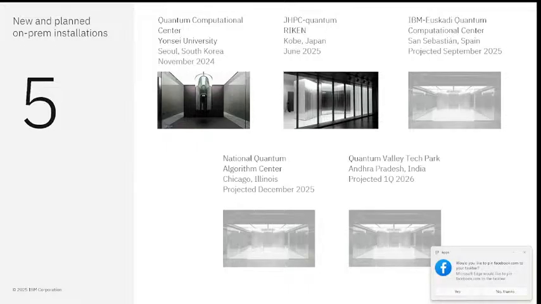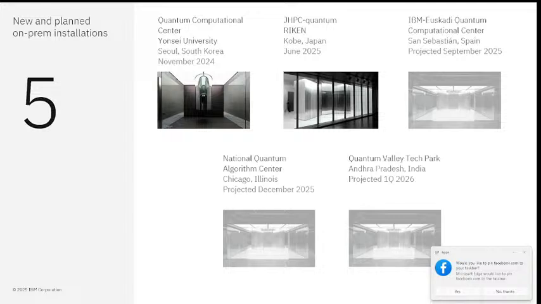So there are currently 5 places where quantum computers are there. As you can see from this list, there is South Korea, Japan, Spain, Illinois, and there is a new quantum computer which is going to land in Amravati early next year. You might have heard about the Quantum Valley.